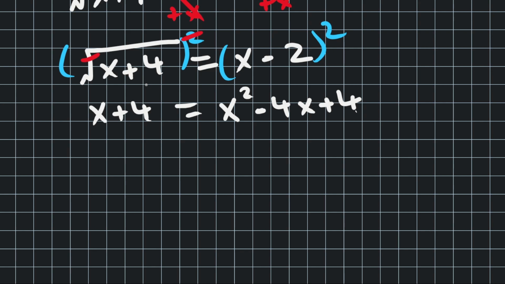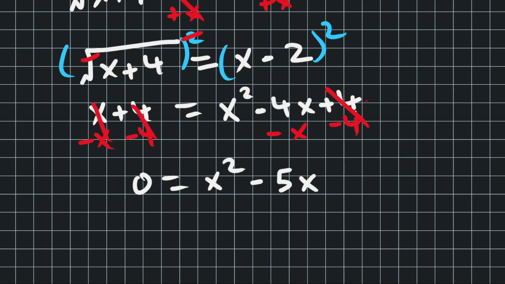So let's go ahead and actually move all these terms to the other side. So we can subtract x from both sides and subtract 4 from both sides. And we have 0 equals x squared, and then minus 4x minus x is minus 5x, plus 4 minus 4 actually cancel out.